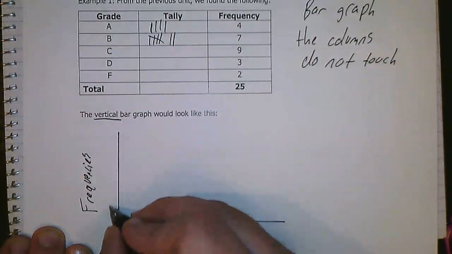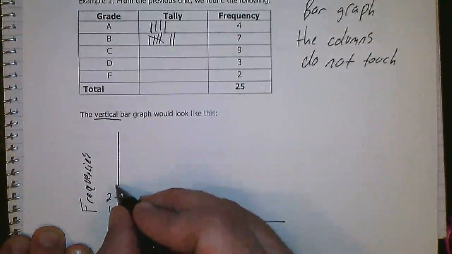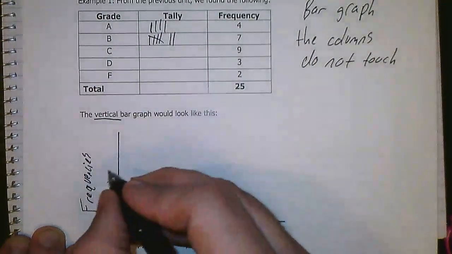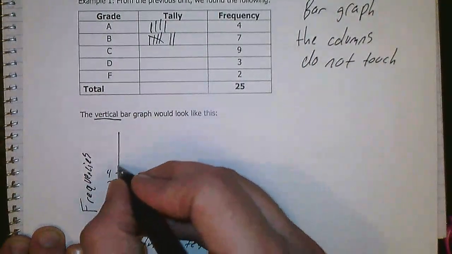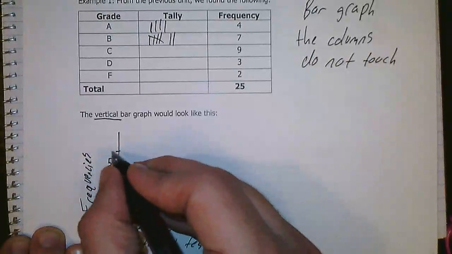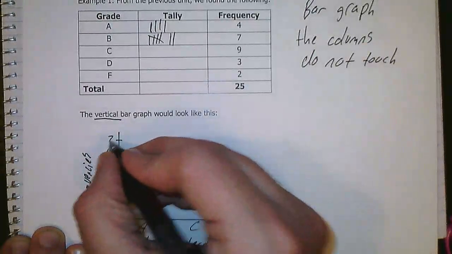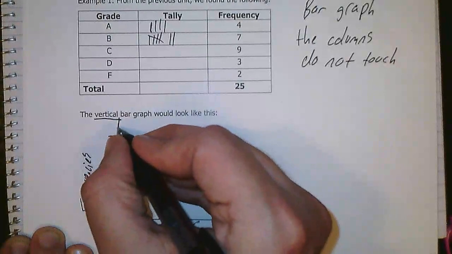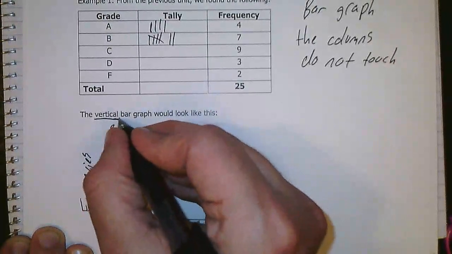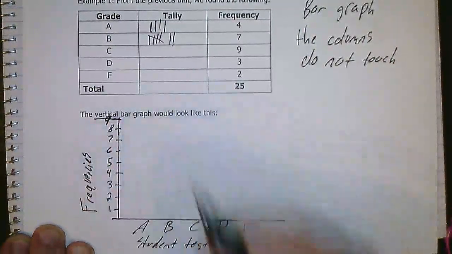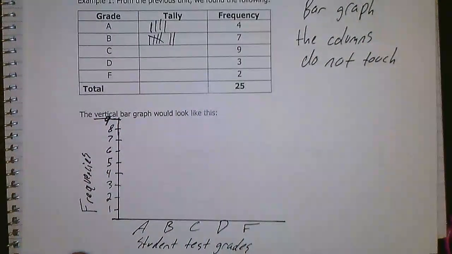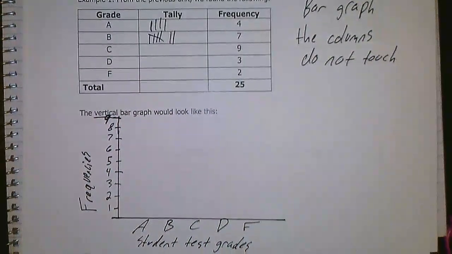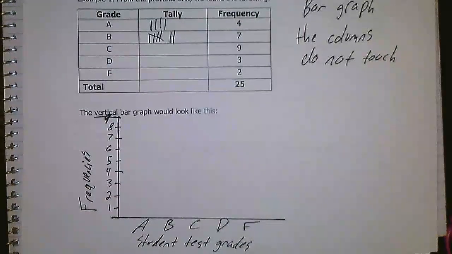Then we go up 1, 2, 3, 4. Go up a bit more. 8. And finally up here, 9. I'm going to draw this as best as I can, but it's handwritten. It's only going to look so good.